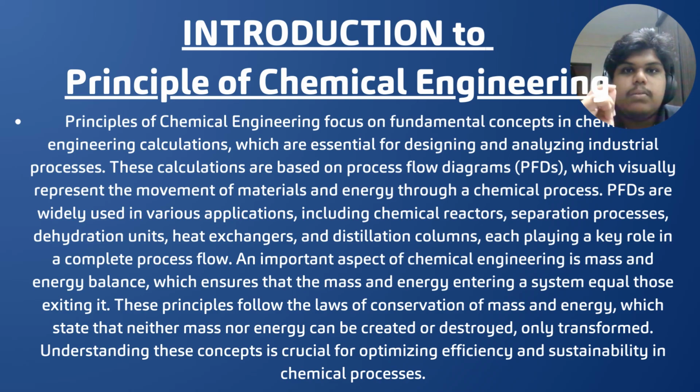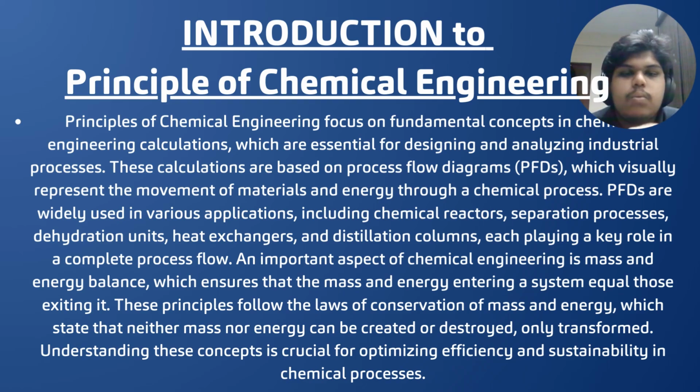Right, so first of all, I'm going to introduce the principles of chemical engineering that we are using in this project. Principles of chemical engineering focuses on fundamental concepts in chemical engineering calculations, which are essential for designing and analyzing industrial processes. A major concept in this field is mass and energy balance.